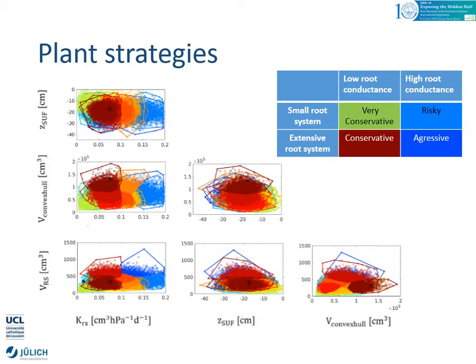For instance, the green one is very conservative, the red is conservative, this blue here is risky, and the other blue, I don't know if you can discriminate the two blues, the two blue shapes are risky and aggressive. So now we are able to make the link between a set of local root traits and plant strategies.